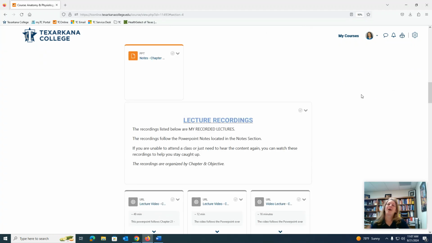For this test, I will let you use one sheet of notebook paper, front and back, to write whatever you want on the regular sized sheet. You can use that when you're taking your test, whether it be on Respondus or in the testing center.